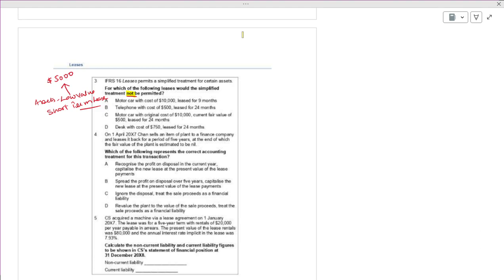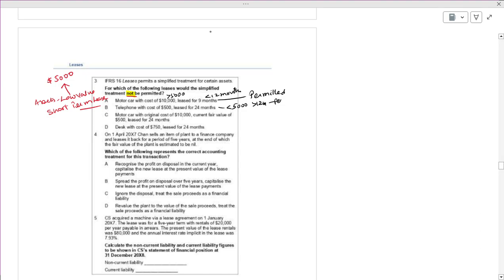Tell me the answer. Option B. See, this is greater than 5,000, but it is less than 12 months. It is permitted. Here the value is less than 5,000, but the period is greater than 12 months.